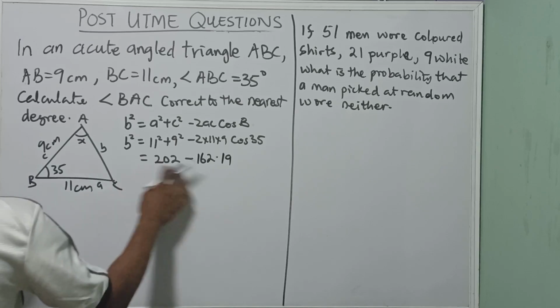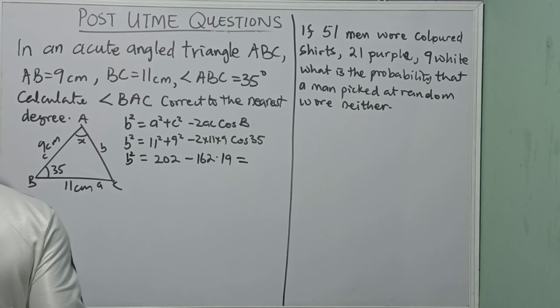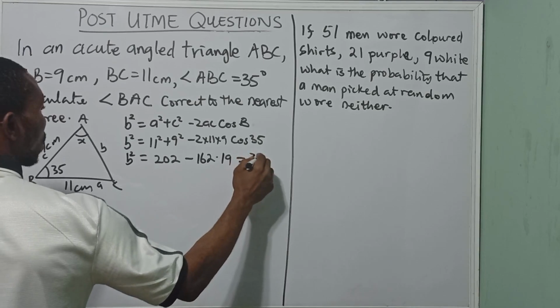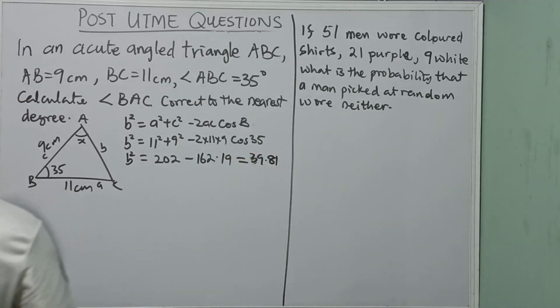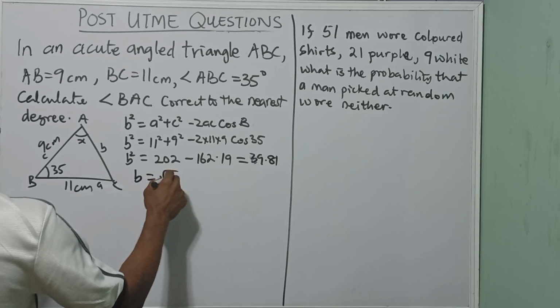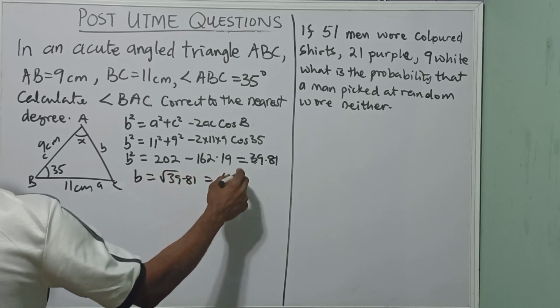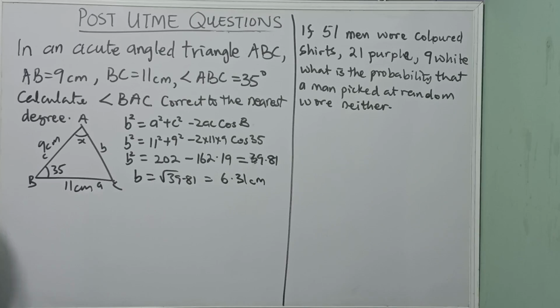So subtracting, we have b squared as 39.81. So b would be root 39.81, which gives us 6.31 centimeters. Now that's the value of our b.